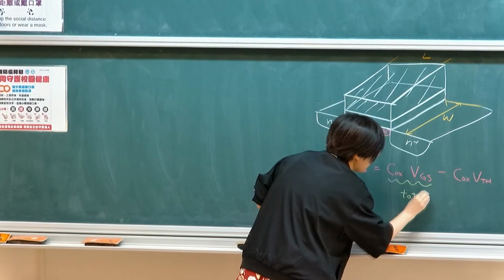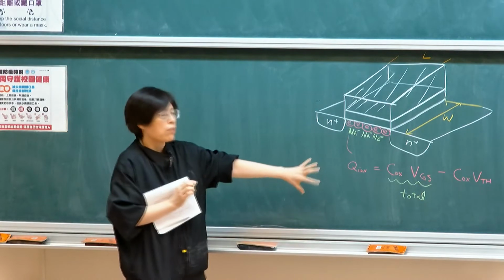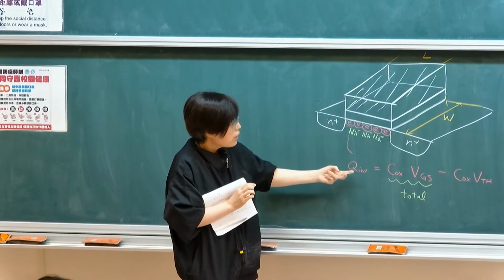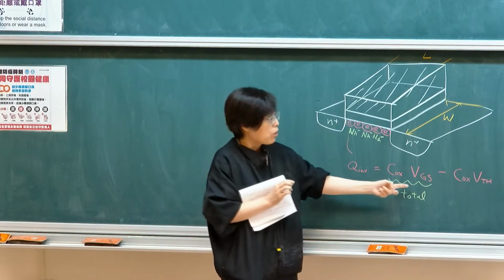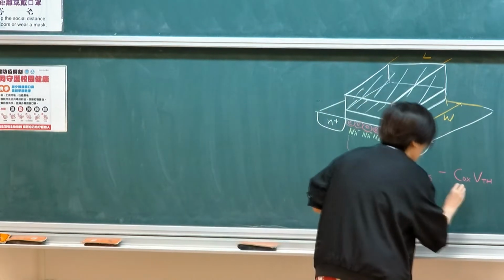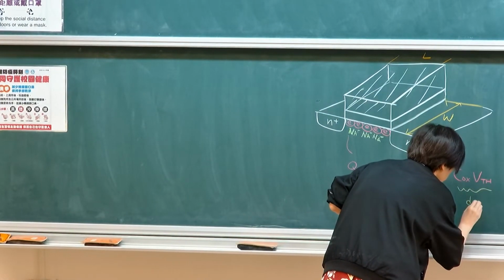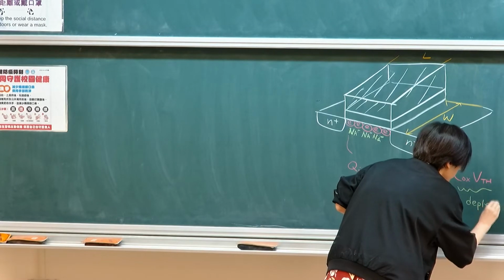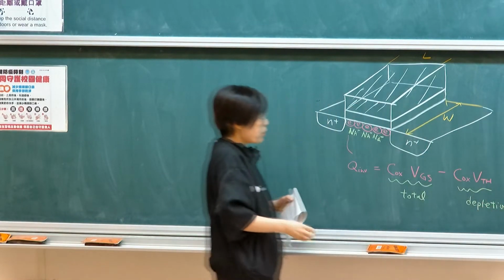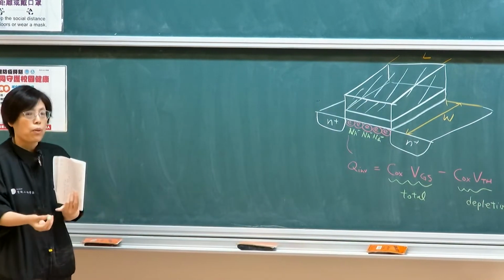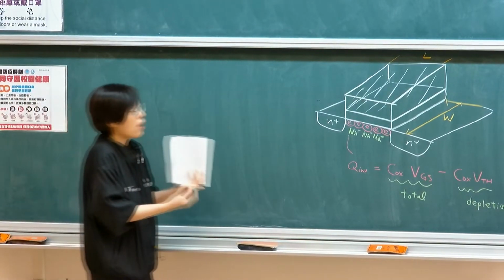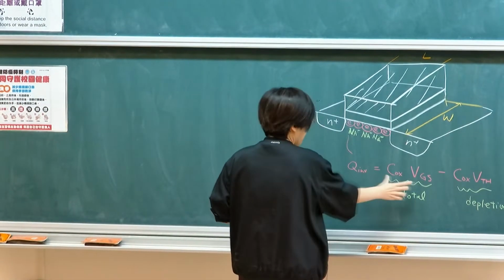I'm not addressing whether it's positive or negative, just the net amount. So the net amount of inversion charge depends on the total charge minus depletion charge. Depletion is before, whatever is being applied before is just to create a depletion, so it's not useful for conduction.